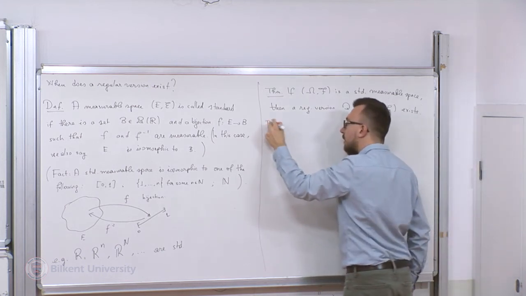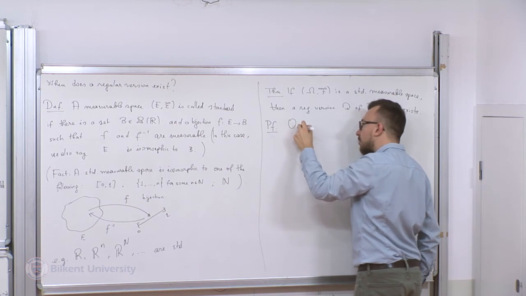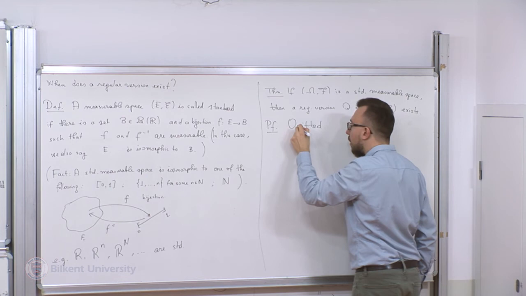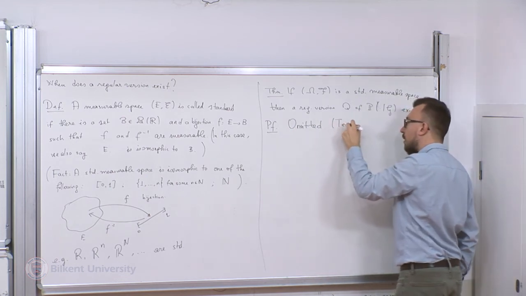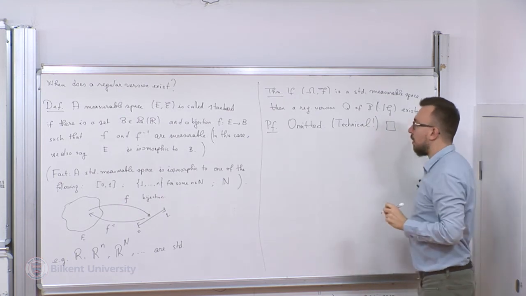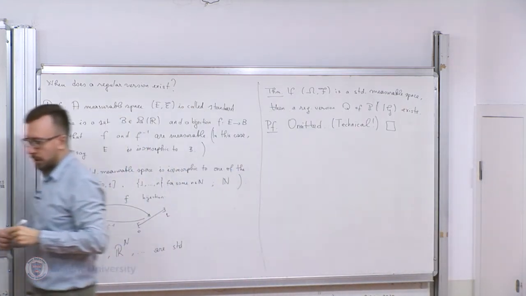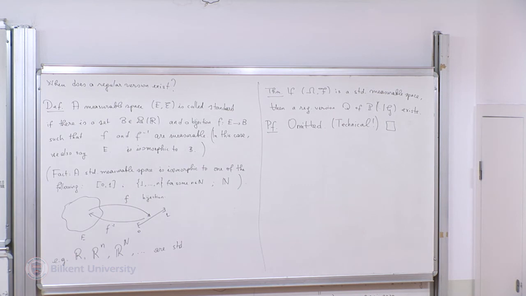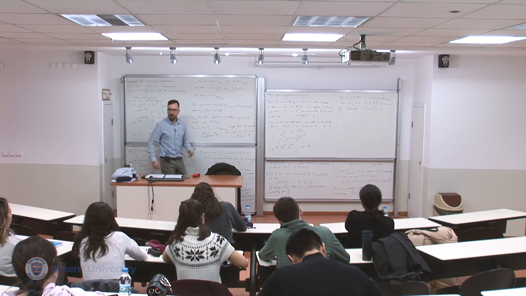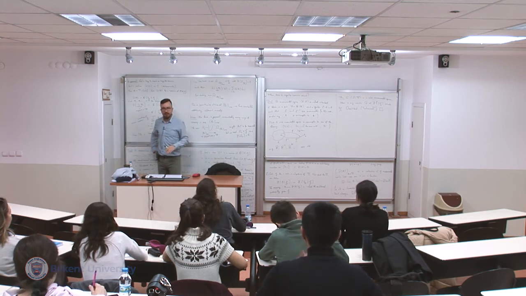And the proof is long and technical, so we omit it. There is not much probabilistic intuition in that. I guess in every chapter, I have the right to omit one big proof.